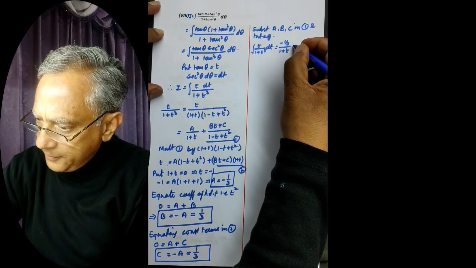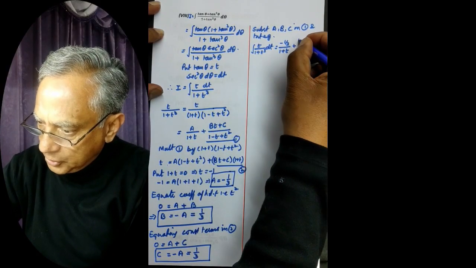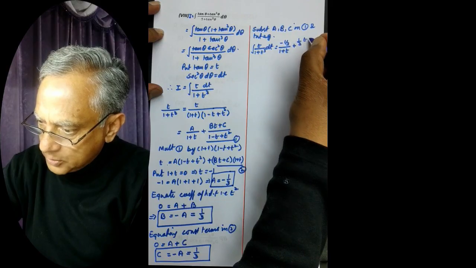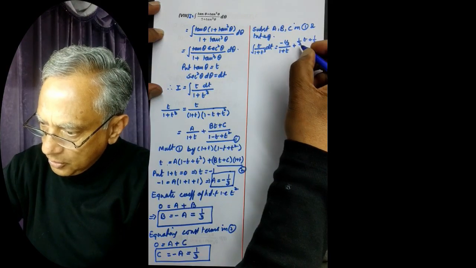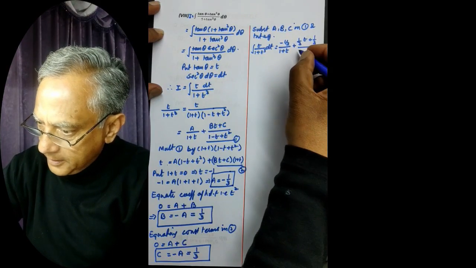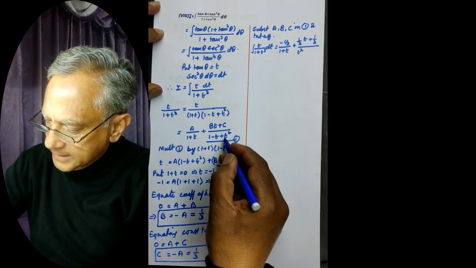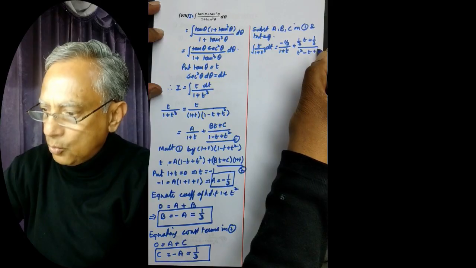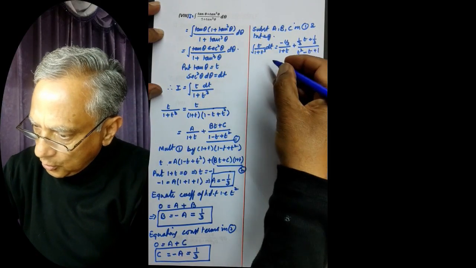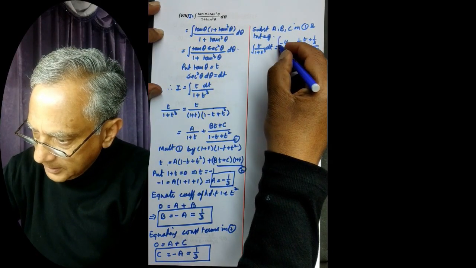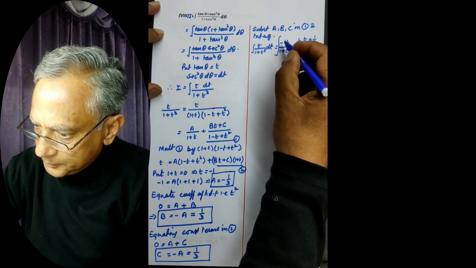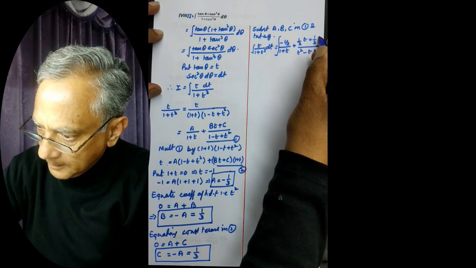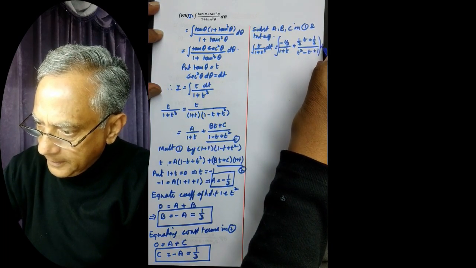So we will have plus 1 by 3 t plus 1 by 3 whole divided by t square minus t plus 1, integral of this dt.